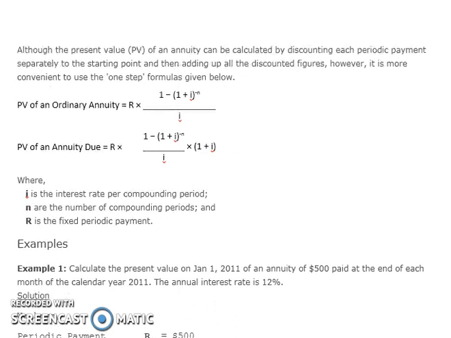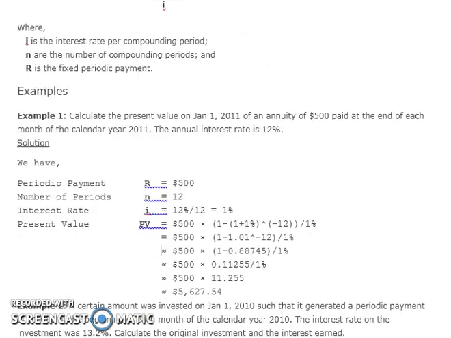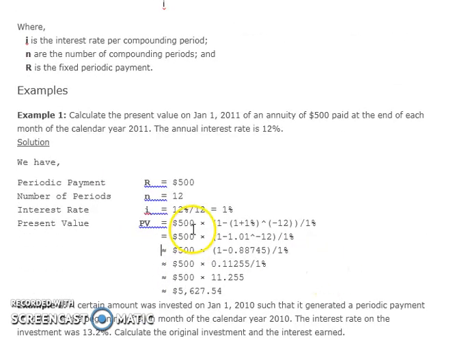Now we put the data in the formula: R multiplied by the factor, 1 minus (1 plus I) to the power of minus 12, divided by I, which is 1%.